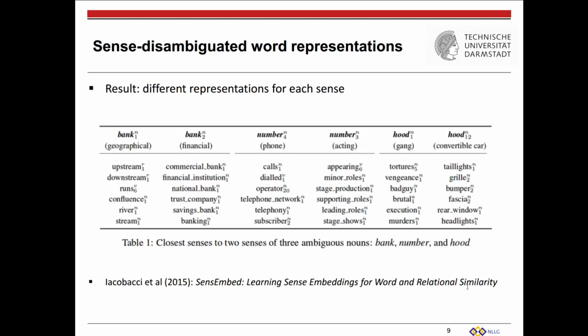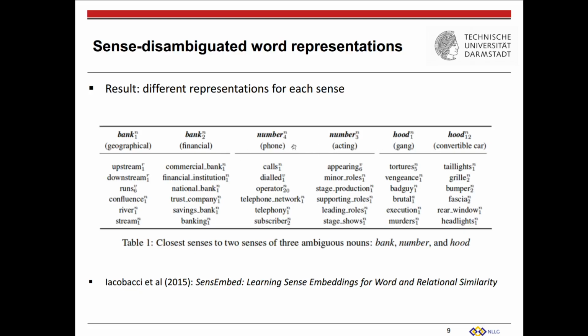Okay, so we can train on such a resource with different word senses labeled, and we do that. And then, for example, here we see bank. That's a noun. The superscript symbol denotes the word class. So we have a couple of nouns here. We have the different word senses. Bank. One is the geographical, the bank of the river, and then we have the financial bank.